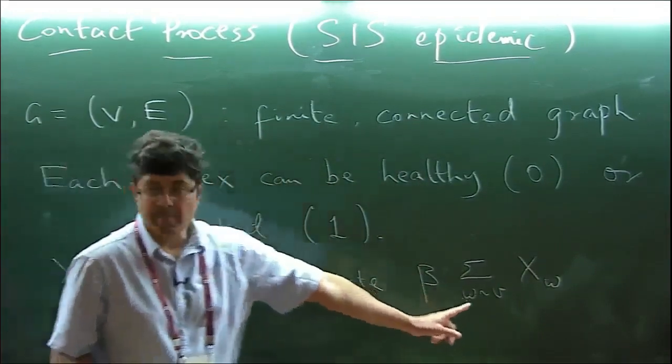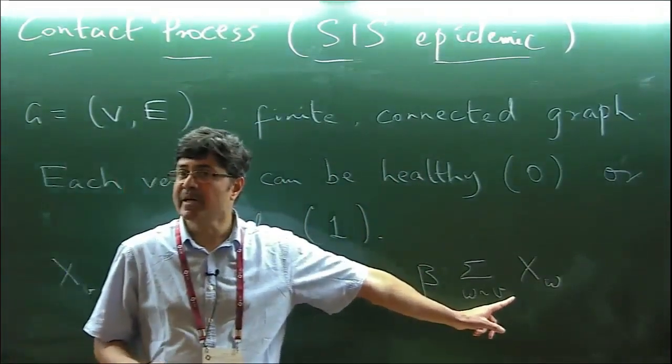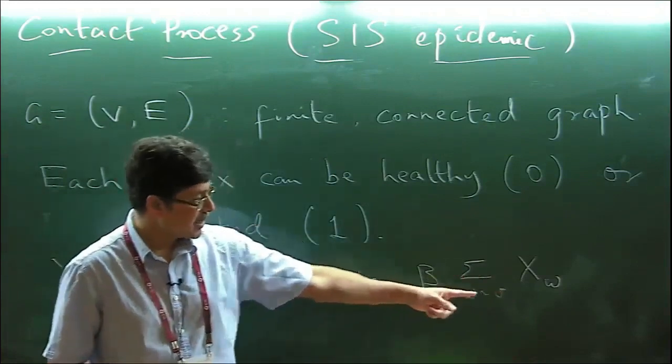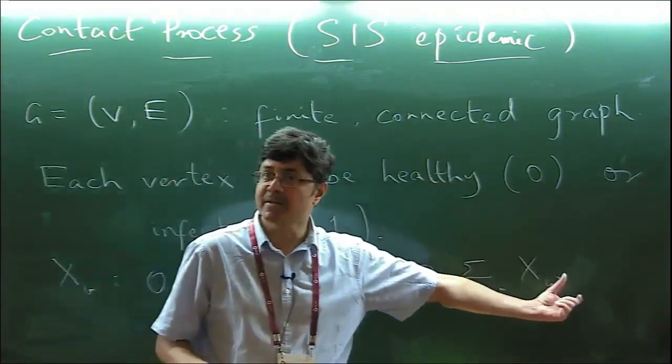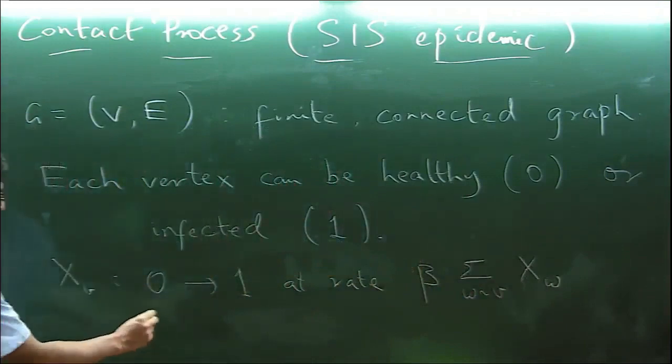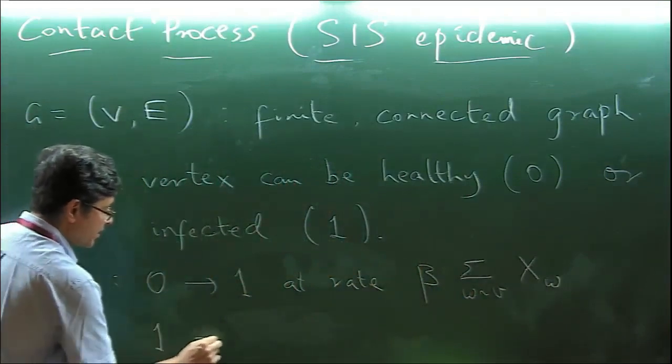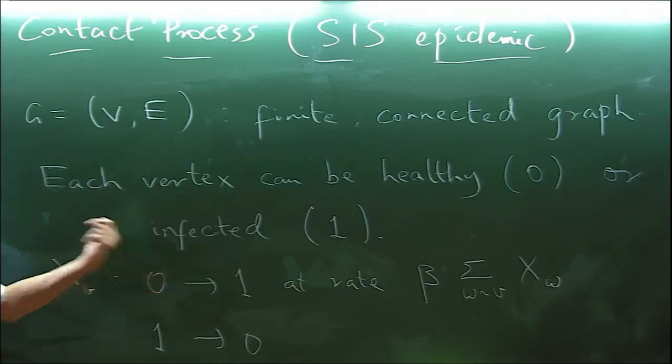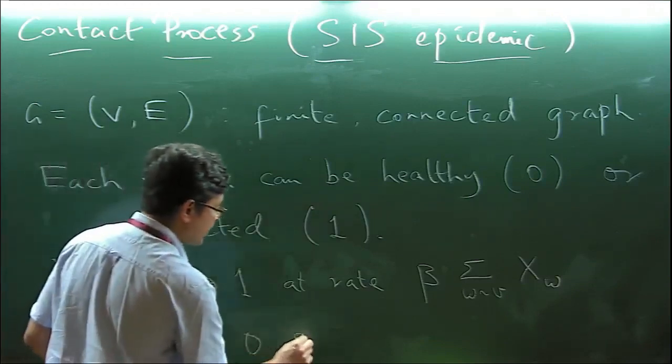So this notation means that W is a neighbor of V, it's an adjacent vertex. And then if that vertex is infected, it infects V at rate beta. And also vertices recover spontaneously. If you're infected, you become healthy again at rate 1.